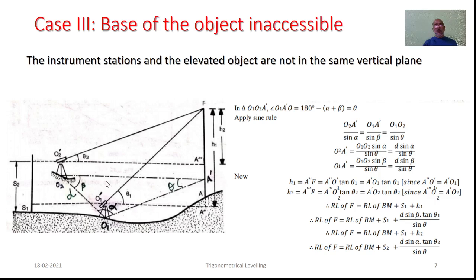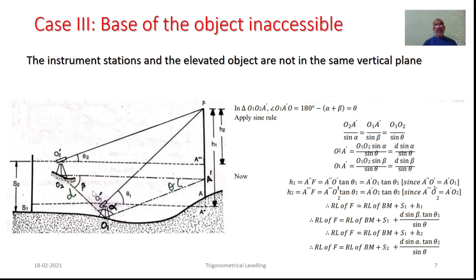Similarly, here with respect to the horizontal line O1 A dash, we can define instrument setup O2 at a convenient distance D. As we drive the peg at station O2, we can measure angle alpha, which is nothing but O2 O1 A dash.